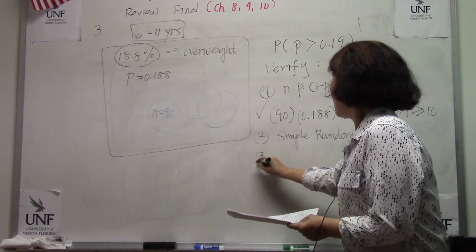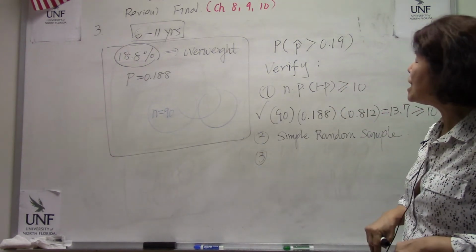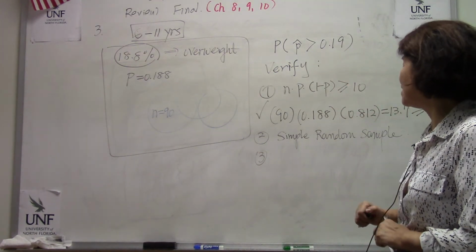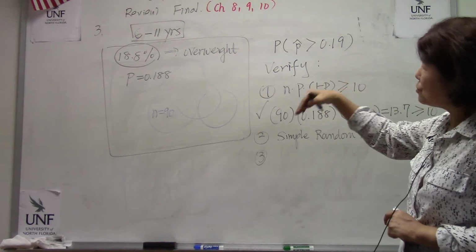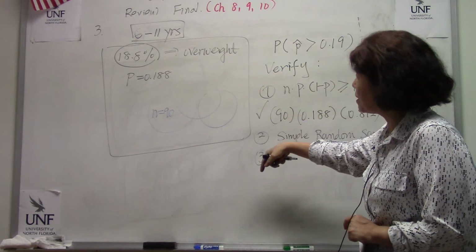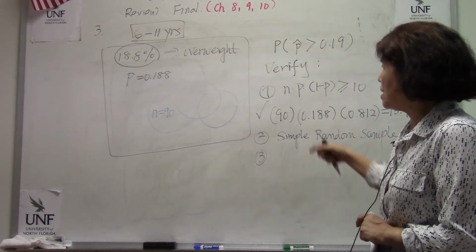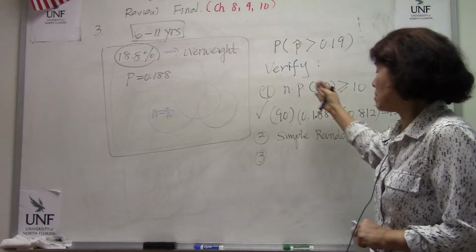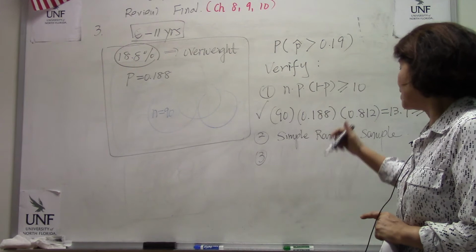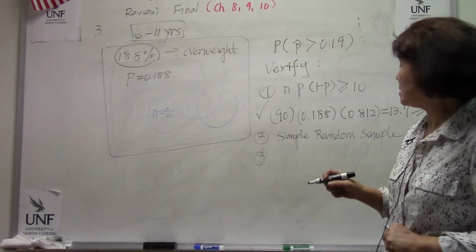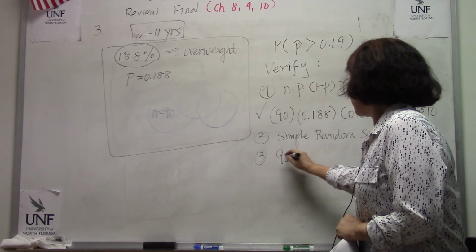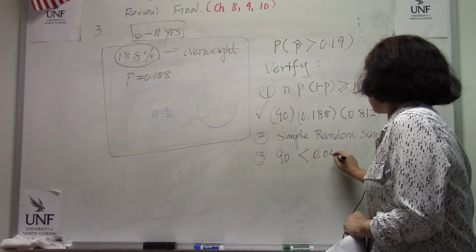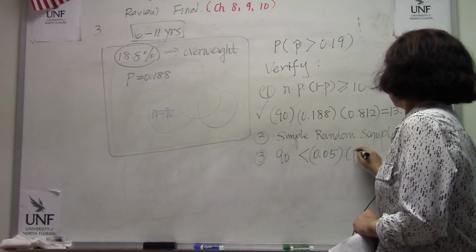The third one is to guarantee the independence of the sample, meaning one child surveyed does not influence another child's overweightness. So 90 is less than 5% of the population.